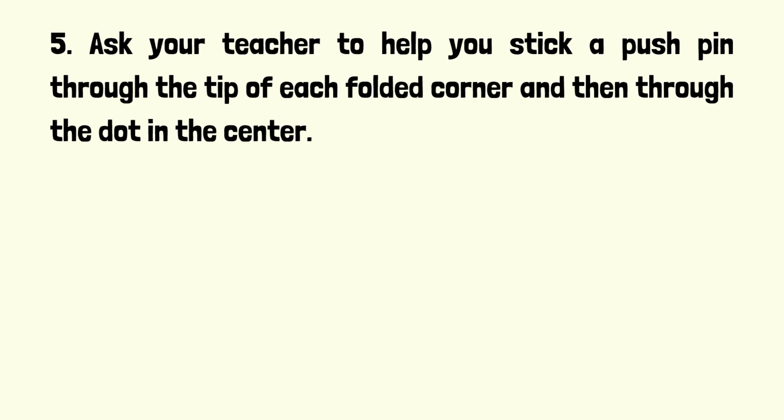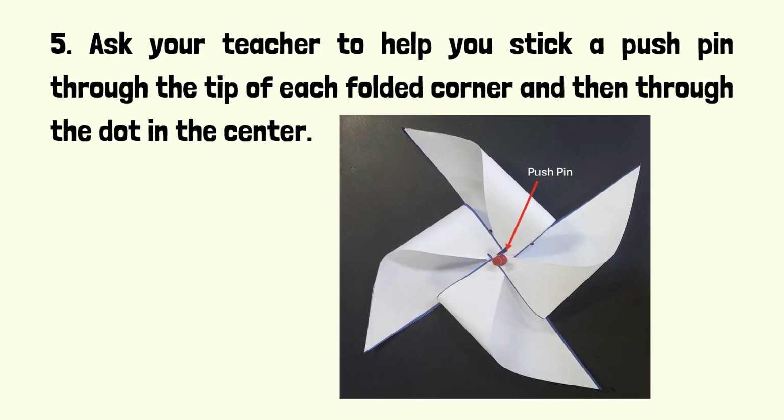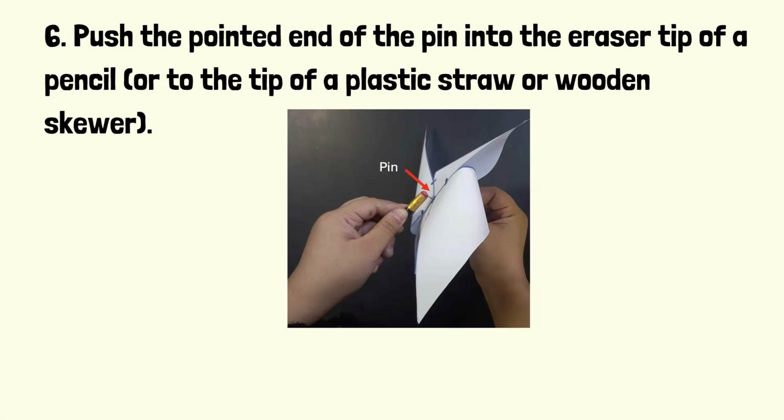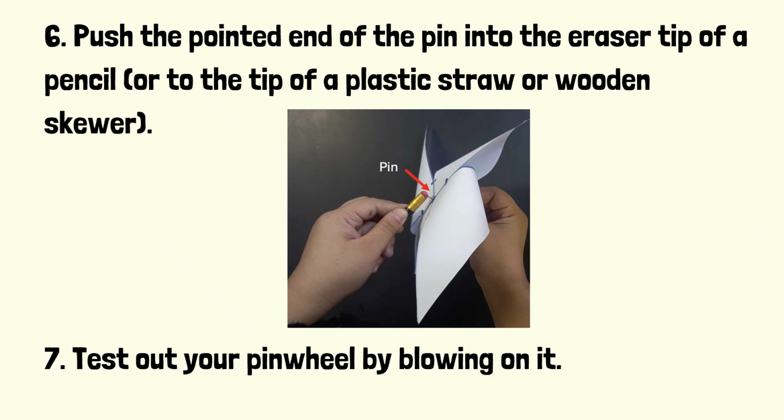Ask your teacher to help you stick a push pin through the tip of each folded corner and then through the dot in the center. 6. Push the pointed end of the pin into the eraser tip of a pencil or the tip of a plastic straw or wooden skewer. 7. Test out your pinwheel by blowing on it.